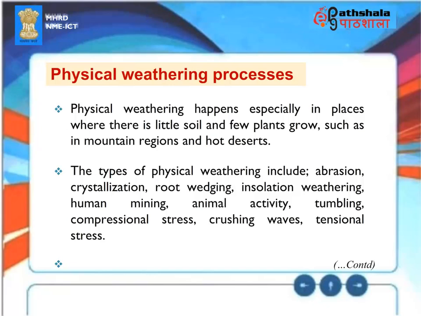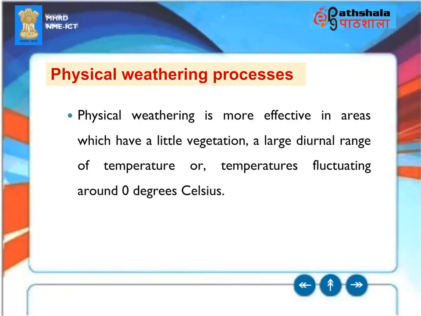The types of physical weathering include abrasion, crystallization, root wedging, insolation weathering, human mining, animal activity, tumbling, compressional stress, crushing waves, and tensional stress. Physical weathering is more effective in areas which have little vegetation, a large diurnal range of temperature, or temperatures fluctuating around 0 degrees Celsius.